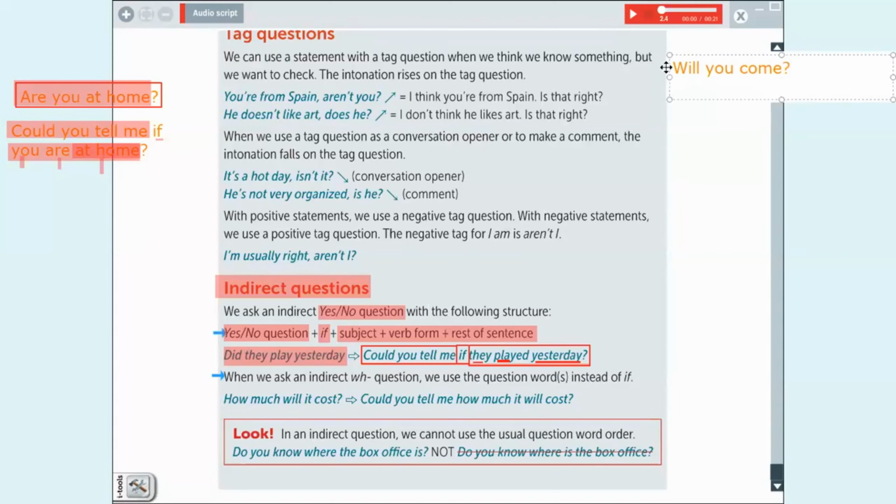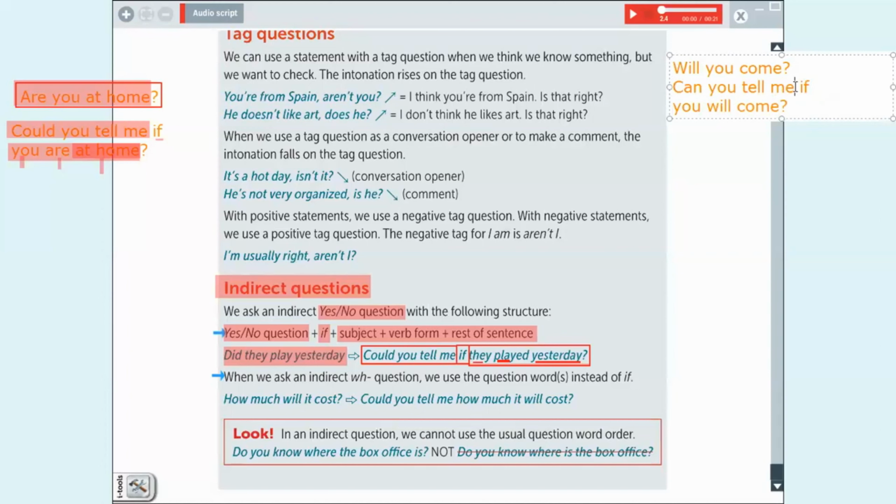You can say, can you tell me if you will come? Okay. So it's the same information, the same pieces that we have in the yes/no question, but now organized as a clause: subject, verb, and complement.